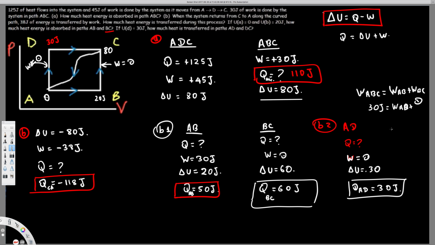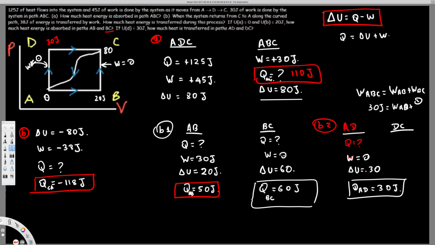So let's deal with the next one, that is DC. DC, right? We are trying to find Q, we need to know the W. DC, do we have the W? WADC is equal to 45 joule, right?